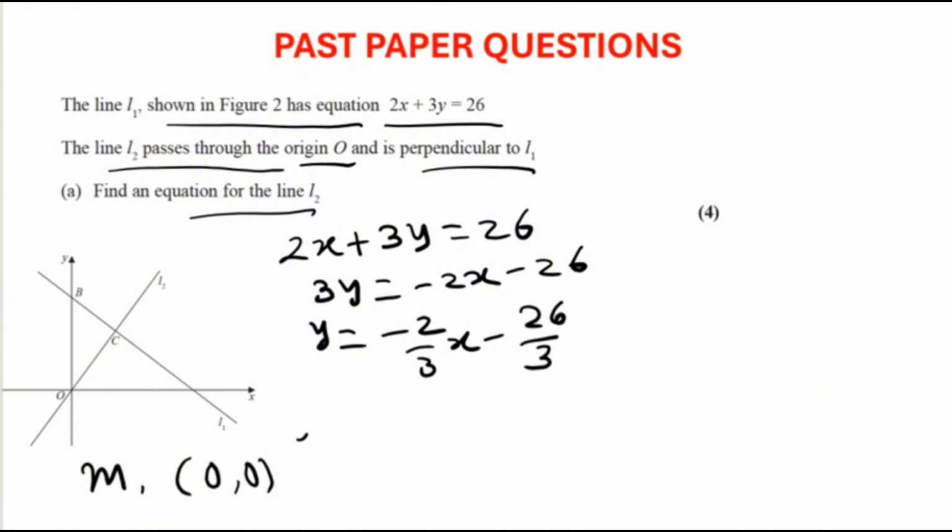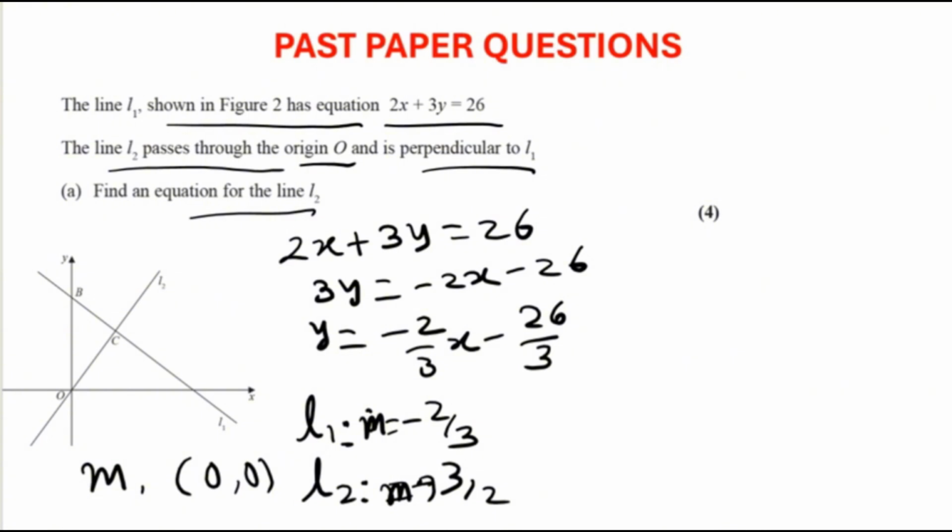So the gradient for line L1 that I'm getting is minus 2 over 3, right? This is the gradient for line L1. So the gradient for line L2 I can say is 3 over 2, right? So this is the gradient for line L2, which is 3/2.